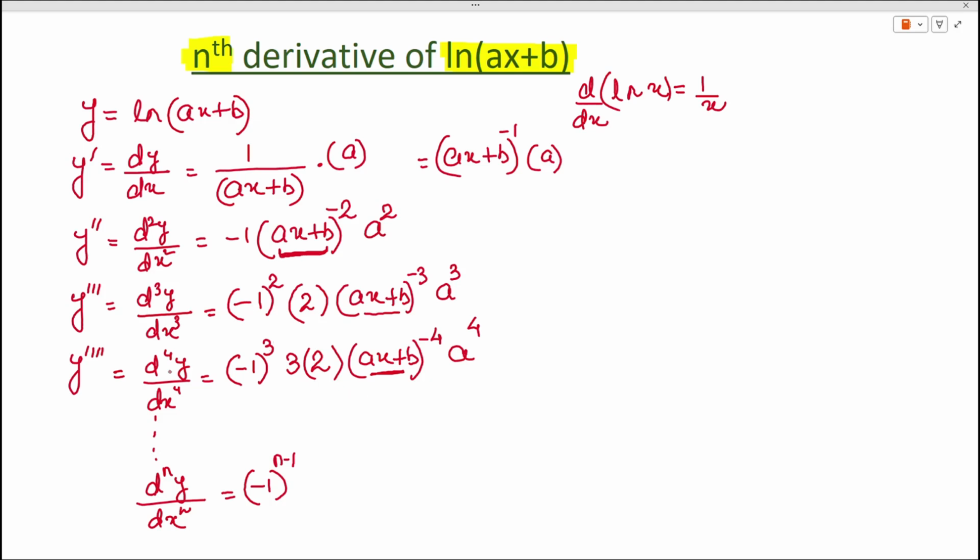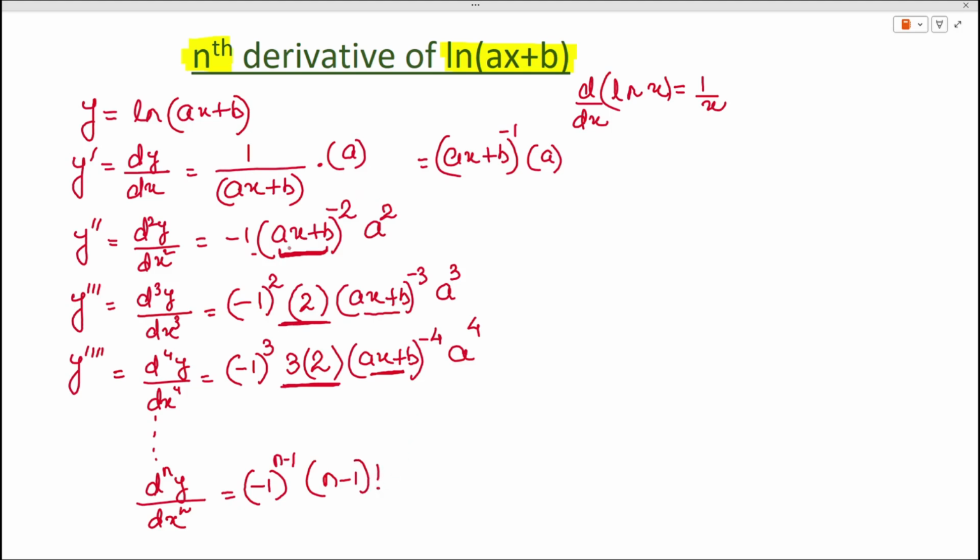So we can see when it is the fourth derivative, it's 3 factorial. When it is the third derivative, it is 2 factorial. When it is the second derivative, because nothing is there, it's multiplied by a 1, so it's 1 factorial. So for the nth derivative, it is going to be (n minus 1) factorial.